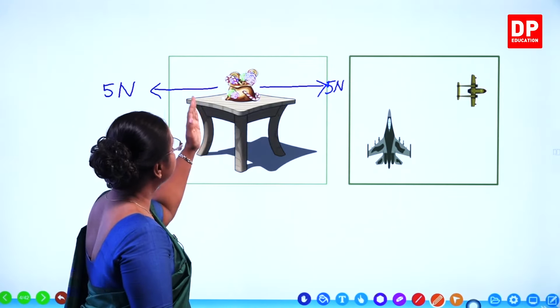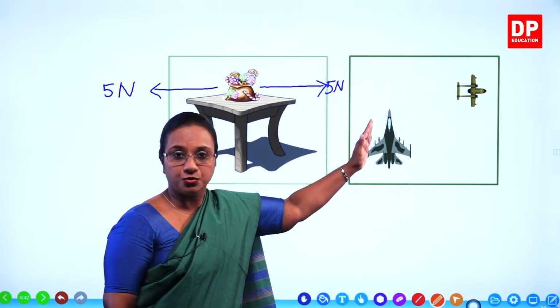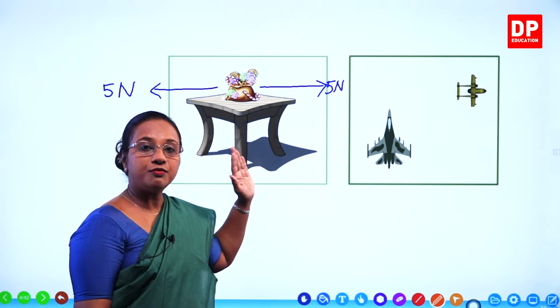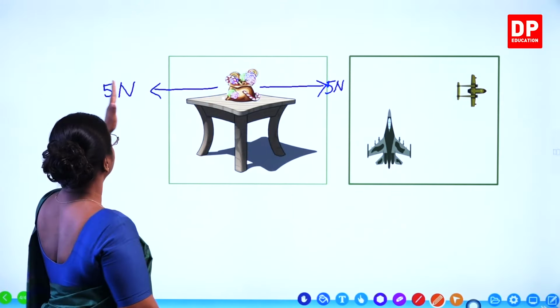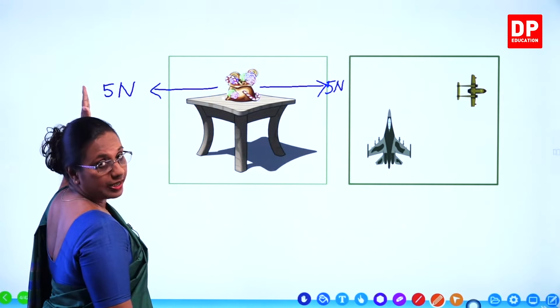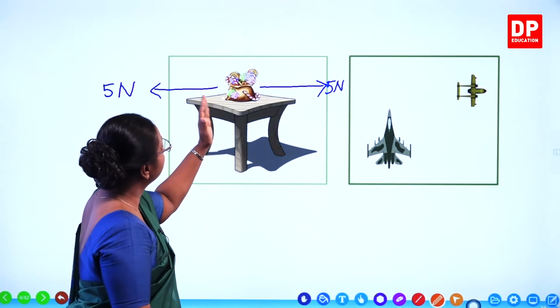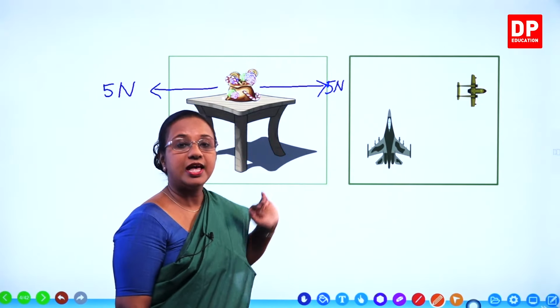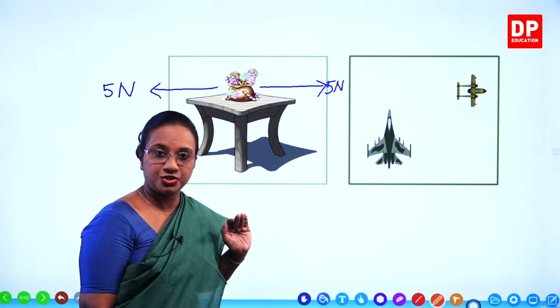So then the bag moves towards you. Earlier when your friend pulled the bag, it went towards the west direction. Now it moved towards you, that is the east direction.